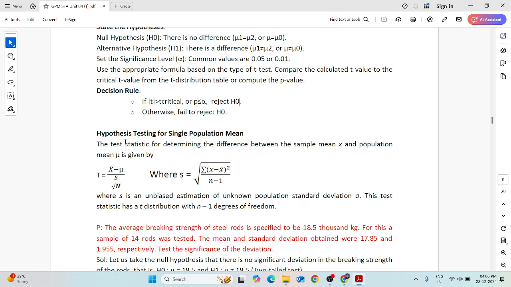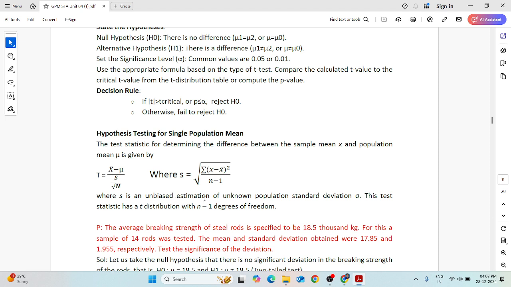So for testing the single population mean, in the same way, the statistic is x mean minus mu by s by root n. Here s is nothing but the standard deviation, which is why we use the summation of x minus x mean whole square. This is the standard deviation we are trying to find, denoted as s.